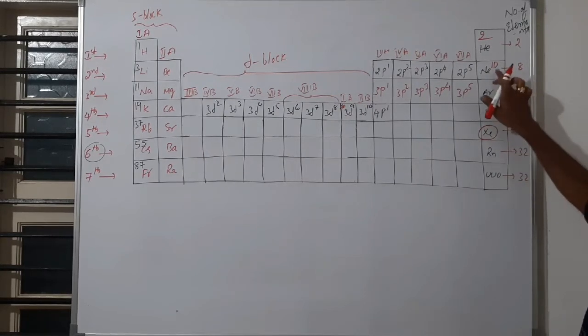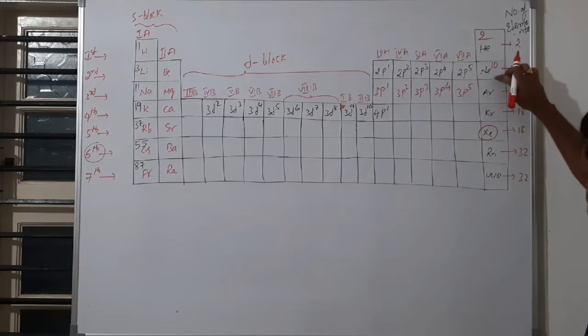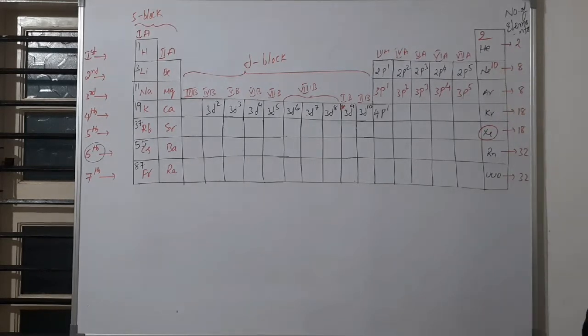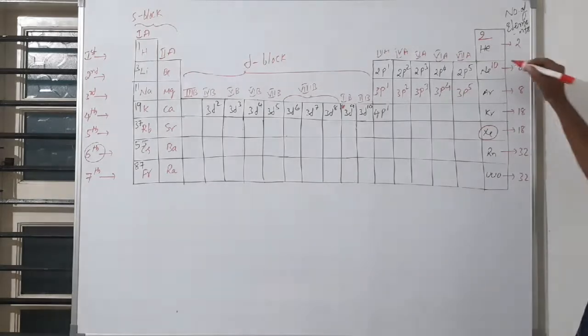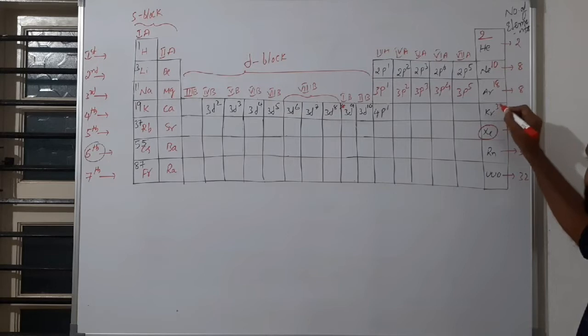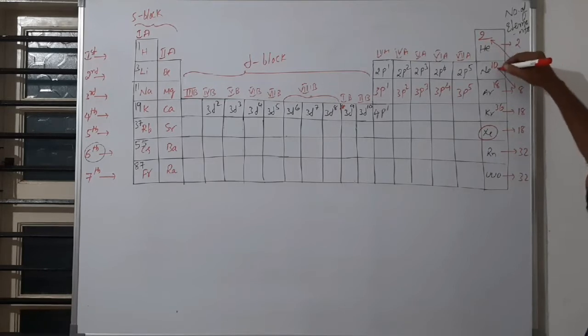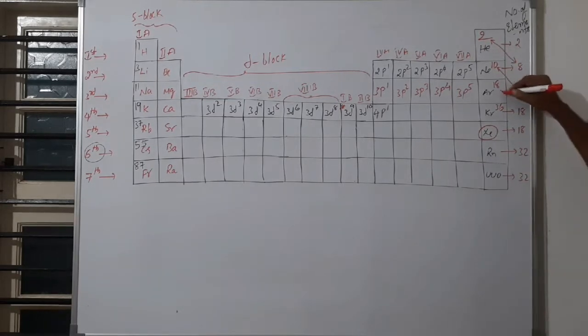Now argon: argon comes below neon. So 10 plus 8 is 18. Then 18 plus 18 is 36. Like this you have to consider: 2 plus 8, 10 plus 8, 18 plus 18.